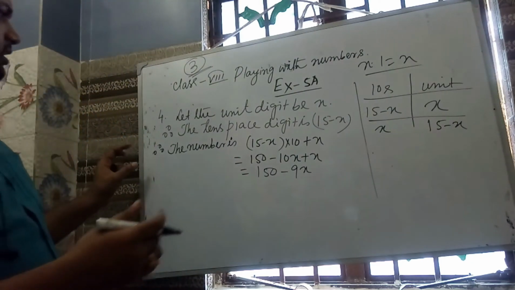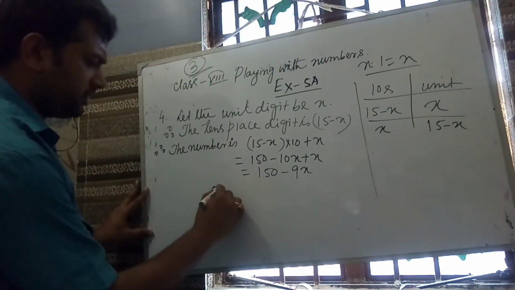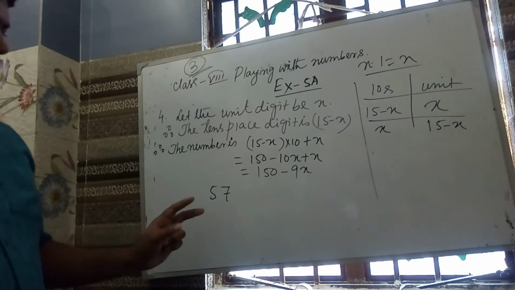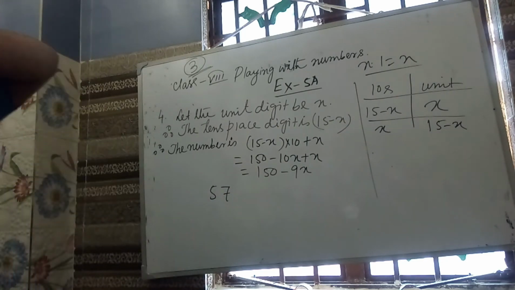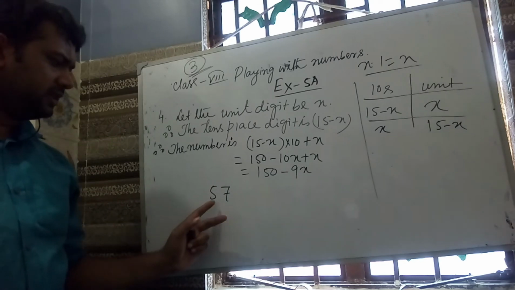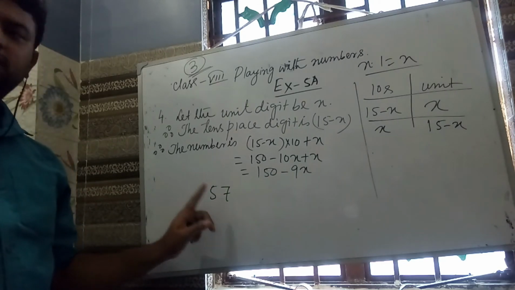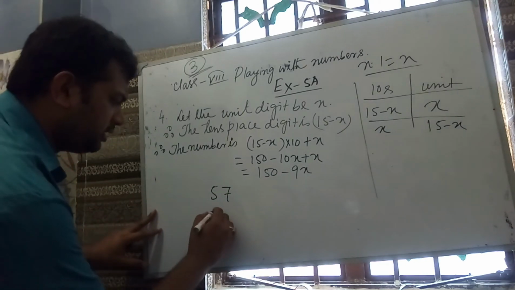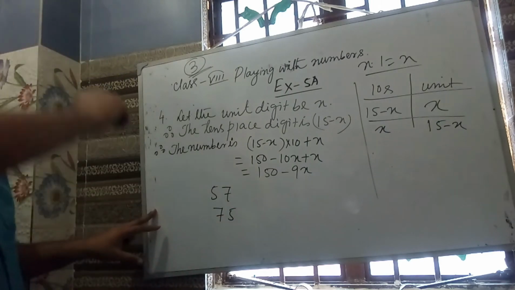You can take a numerical example. Suppose 57. 57 is a two-digit number. If you interchange its digits, the number will be 75.